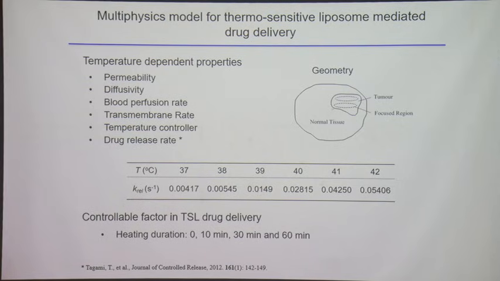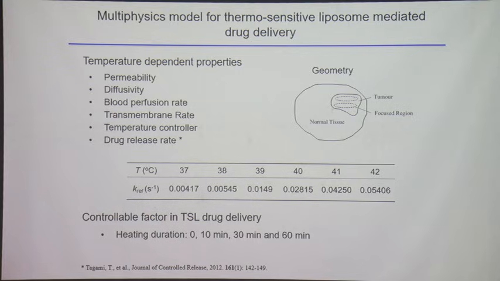In addition to the model that we saw before the break, the additional complexities here are not only the additional heat transfer equations, but also the temperature-dependent properties. There is a list of properties which depend on the temperature, even though the temperature does not vary a lot.